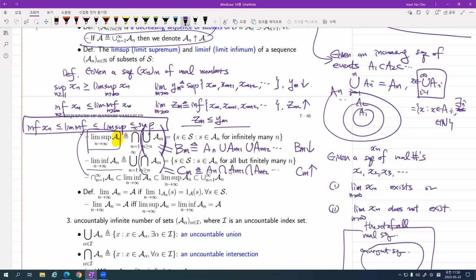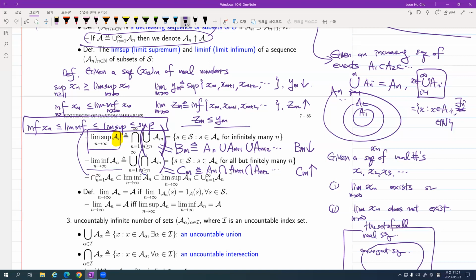So you have B sub 1, B sub 2, and B sub 3, and you intersect all of them. Then, as I told you before, if you truncate the intersection, what happens? You have, again, smaller and smaller sets, right, from the biggest set.